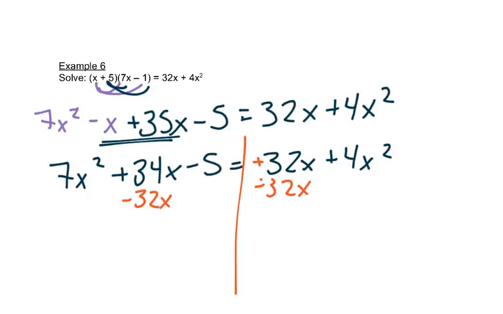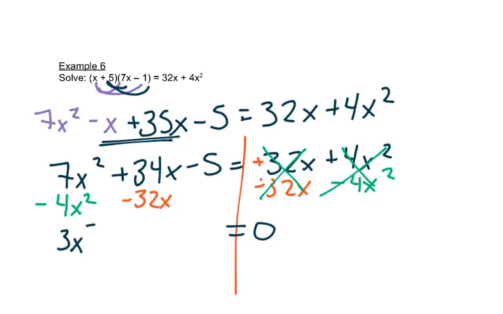At the same time, I want to move this 4x squared, so I'll subtract it. I'm going to write it underneath the other x squared. And that will cancel out both of these, leaving me the 0 that I want on the right. And over here, that leaves me 3x squared plus 2x minus 5 equals 0.